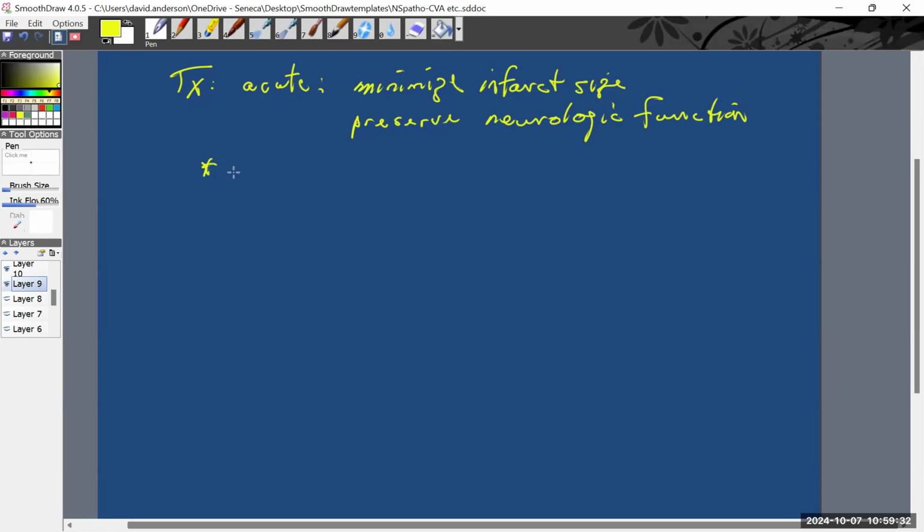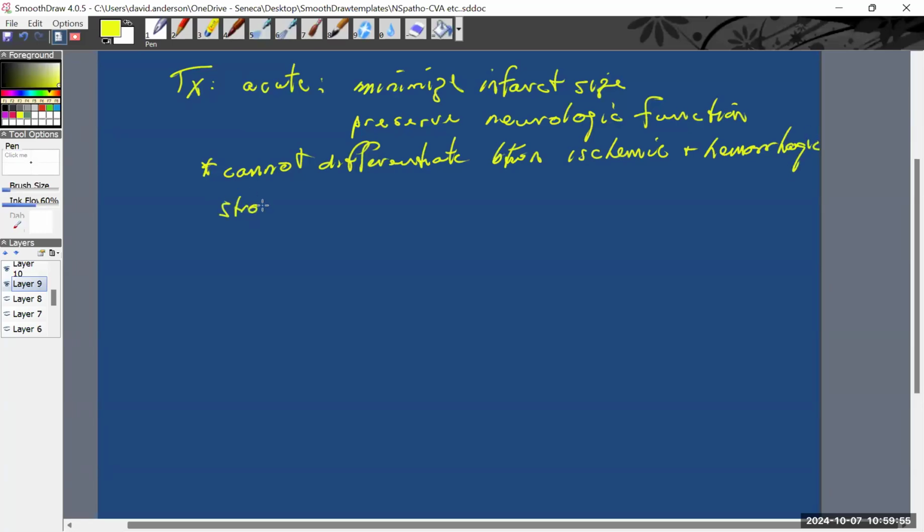So we keep in mind that we cannot differentiate an ischemic stroke by anything early on.